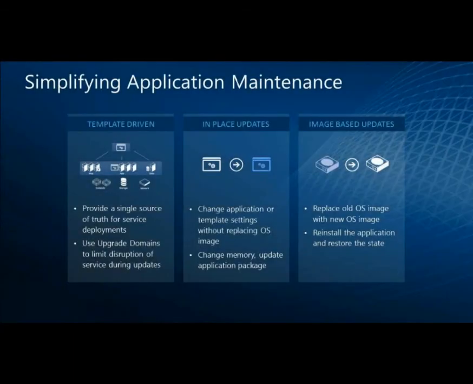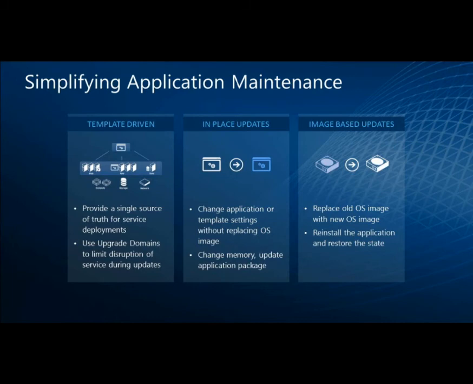Maybe I had a Server App-V package of version 1 and I wanted to update it to version 2. I would use in-place updates to save the state of that application, pull out version 1, drop down version 2, and then apply the state to that application. I can do all that without having to do a large-scale change of that virtual machine.